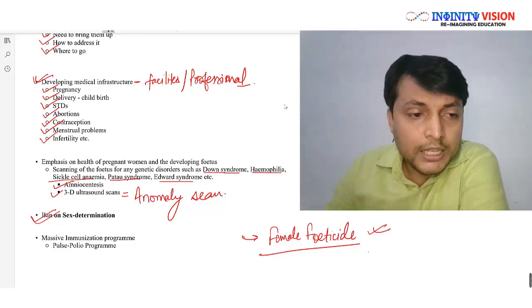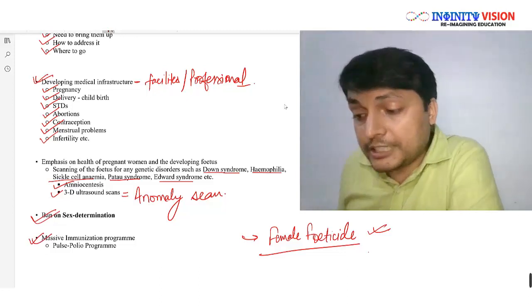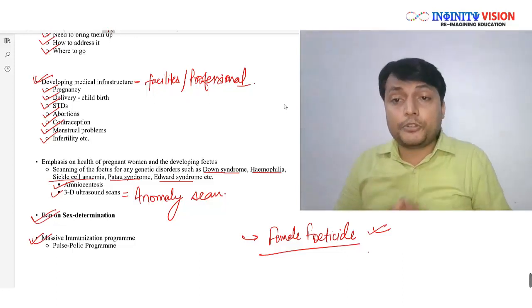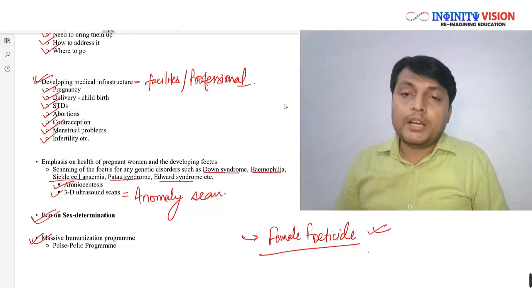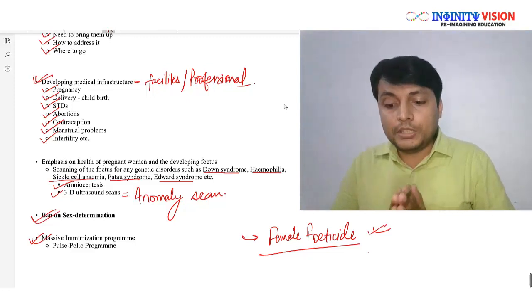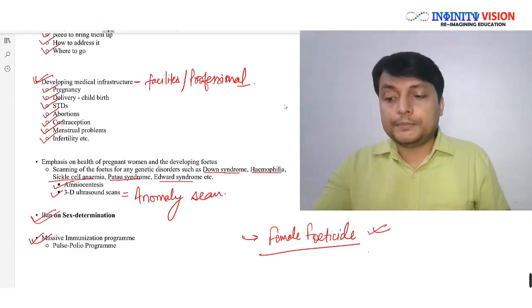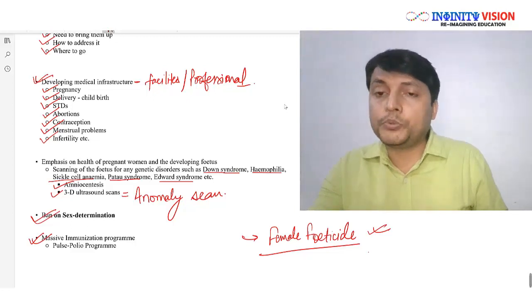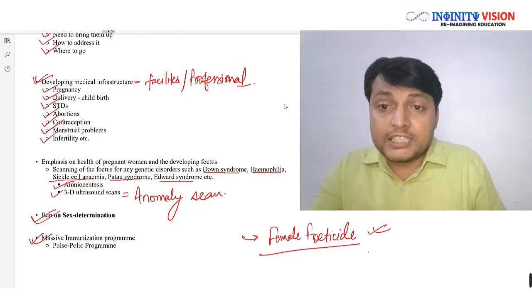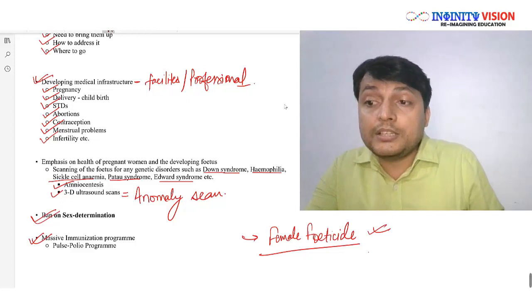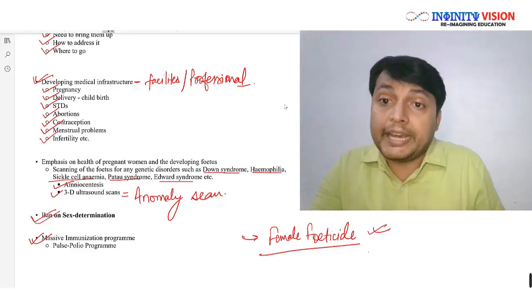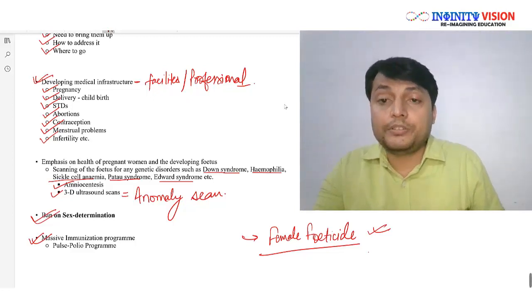Finally, what we see is that under RCH programs, the government of India has launched a massive immunization program. This immunization program includes the immunization of newborns to 5-year-old kids, up to 11-year-old kids. The government provides them vaccines for free so that this new generation of our country remains free of diseases, remains healthy and can be an asset and human resource for the country.